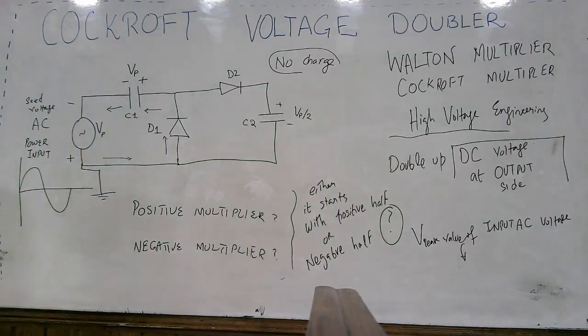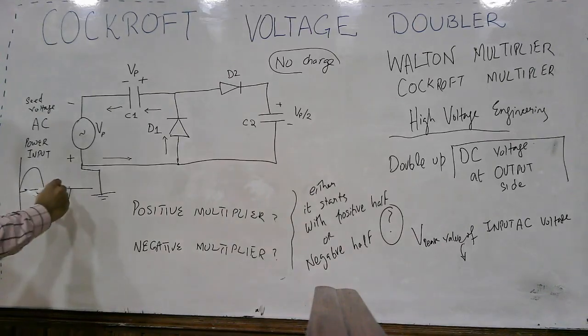Now your negative half cycle has appeared. What's next? You know that the input voltage is sinusoidal and repeats itself.